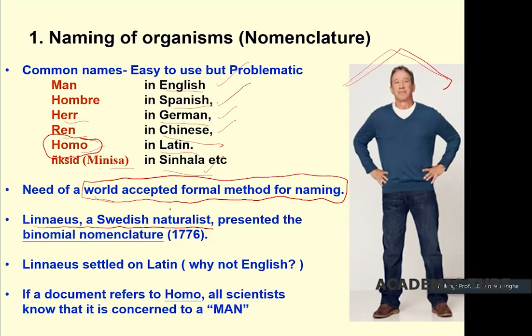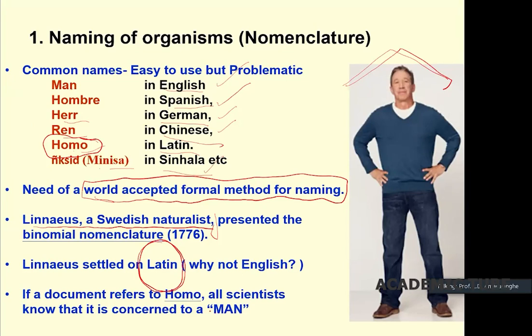In this binomial nomenclature, that scientist initiated giving names in Latin, not in English, Latin words. For example, for human, we give the binomial nomenclature. The first part is the noun, Homo, referring to the word man.